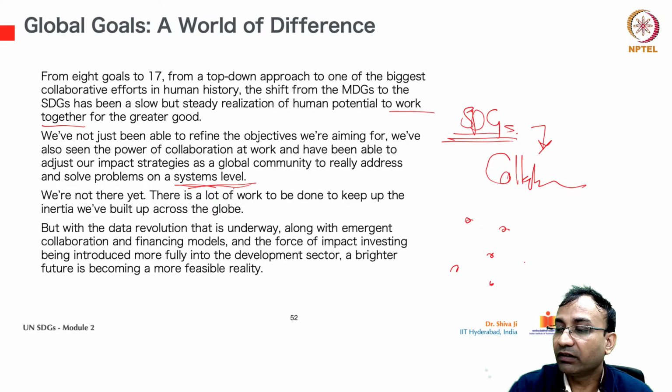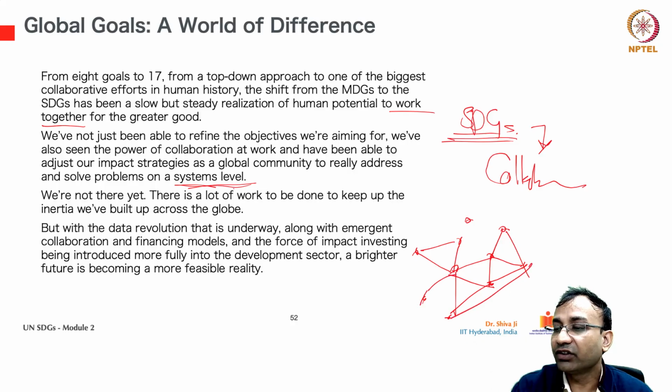So let me quickly draw a sketch. If these are the stakeholders, they are definitely interconnected. Maybe not all are connected to each of these, but there are many connections, and things like that. Then there is the interrelationship, what is happening between this and this, this and this, right?